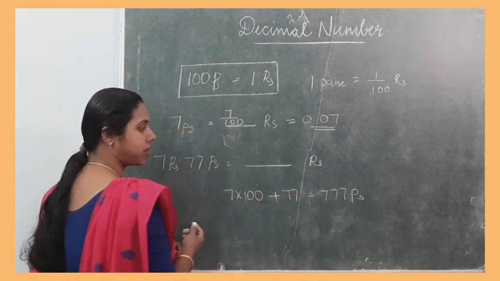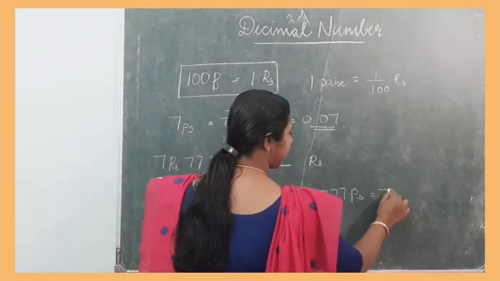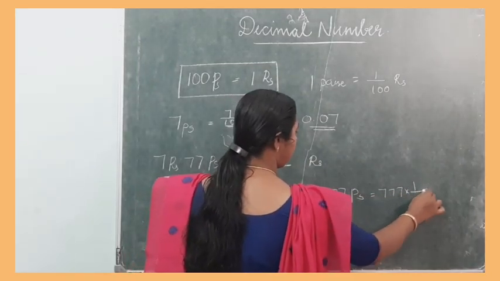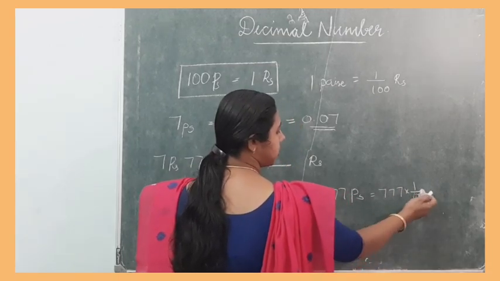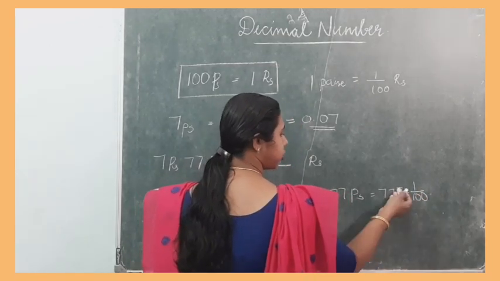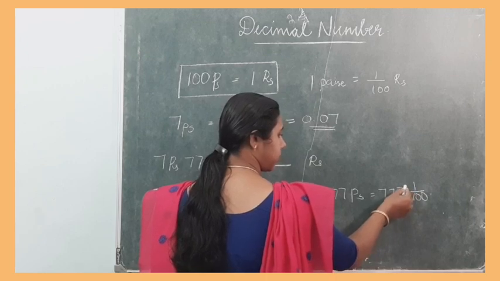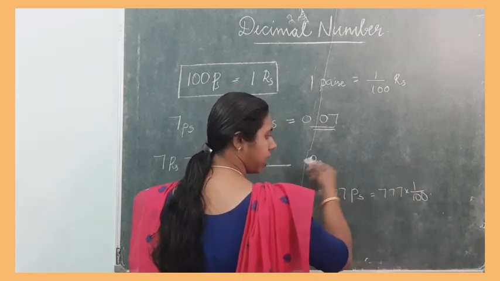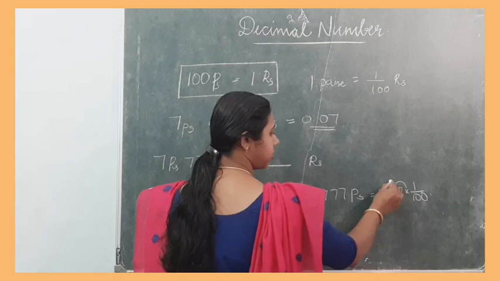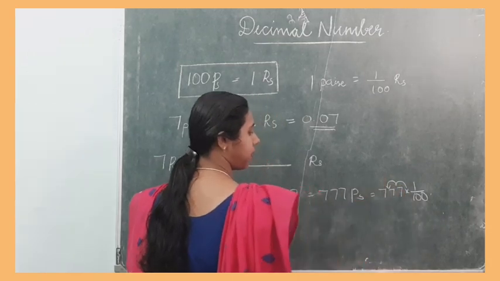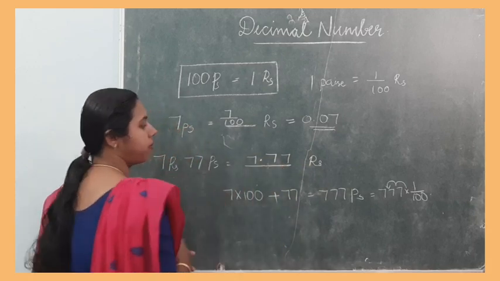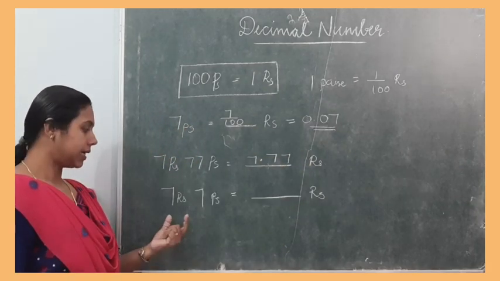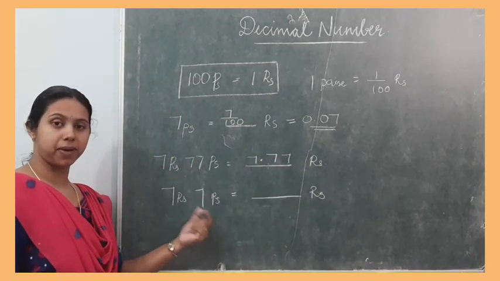To convert it to rupees, it will be 777 into 1 by 100. When you multiply by 1 by 100, 2 zeros, you should put 2 decimal places. Starting from right to left, 1 place, 2 places, so the decimal point will come here. So it will be 7.77 rupees.